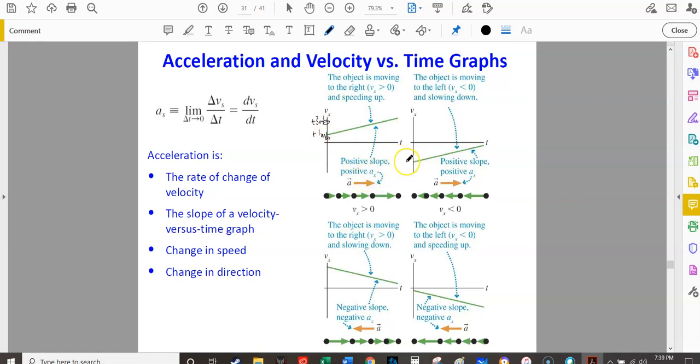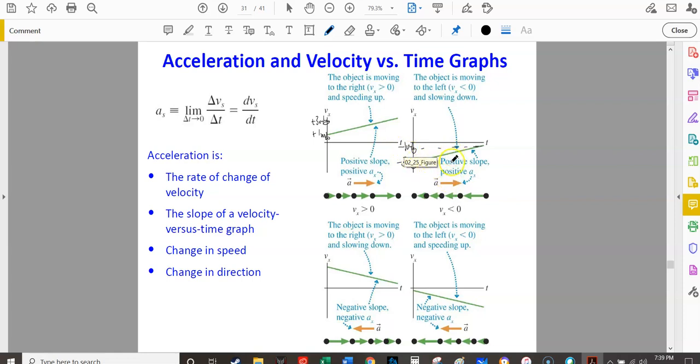The antithesis is this. You have a negative 3 meters per second, and then in the end, it's going negative 1 meter per second. Well, its velocities are all in the negative part of the graph. But if it starts out at negative 3 meters per second and then is going negative 1 meter per second, doesn't that tell you that you had to add 2 to this to make it equal to negative 1?